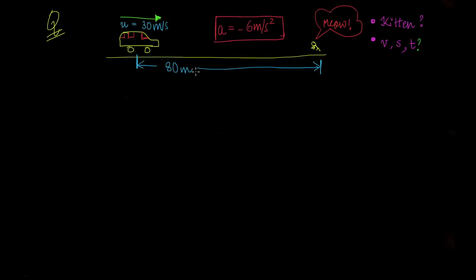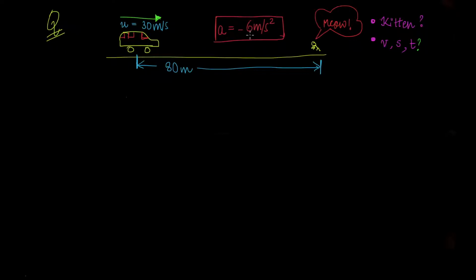Alright, so here's the question. It involves a person driving a car or a vehicle with an initial speed of 30 meters per second, and suddenly the driver of the car sees a poor little kitten on the road at around 80 meters away from the car.